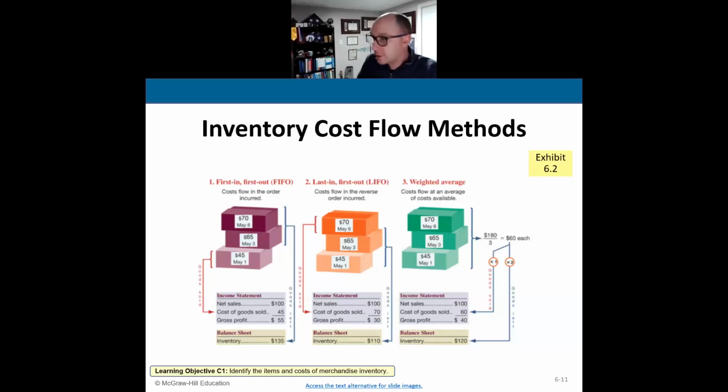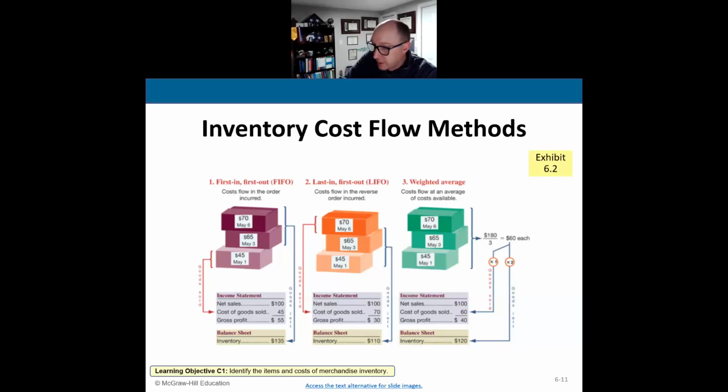All right. The next one is called last in, first out. In this case, I'm going to sell the last pair of shoes that our company purchased first. Okay? So, I made the same 3 purchases. Nothing changed here.